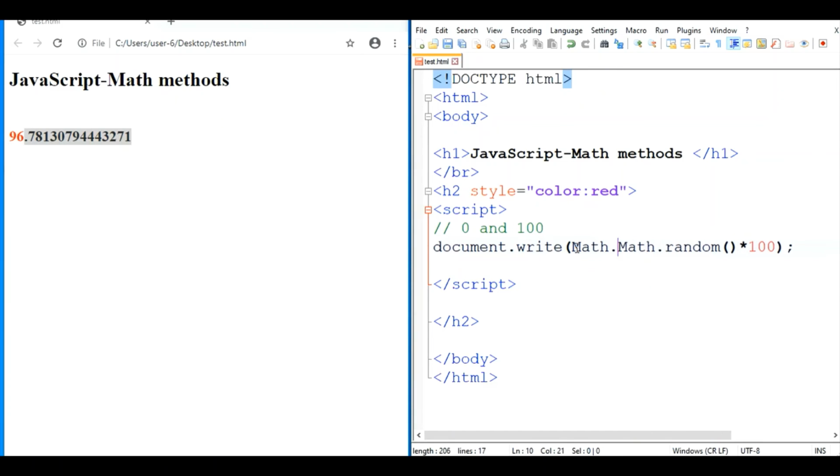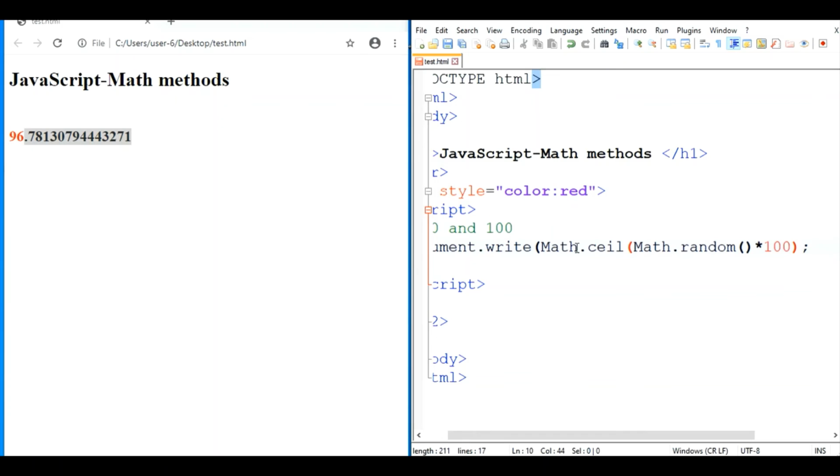Math.ceil. One parenthesis is for document.write and the second one is for Math.ceil.